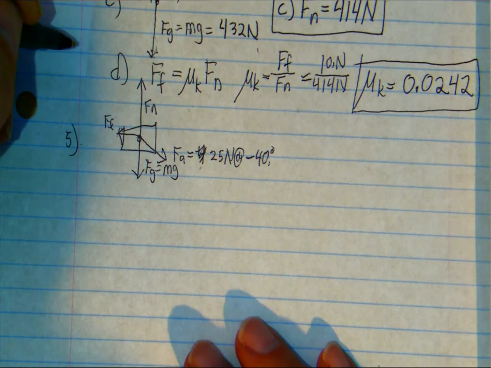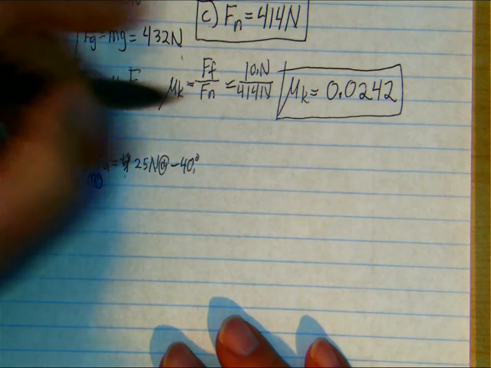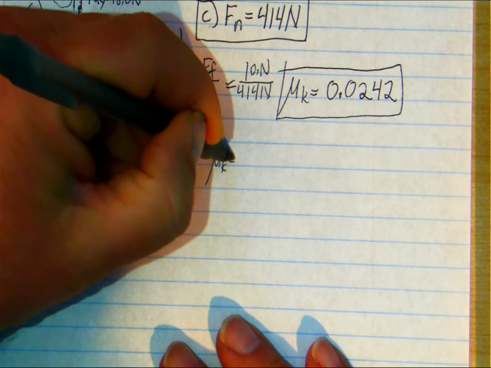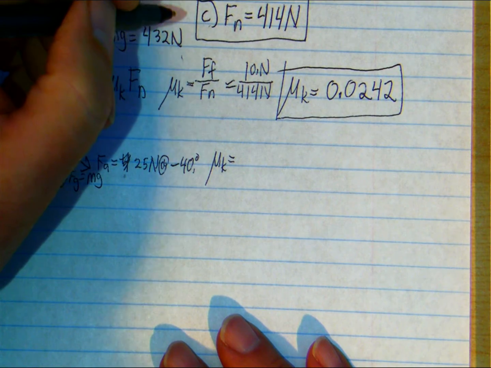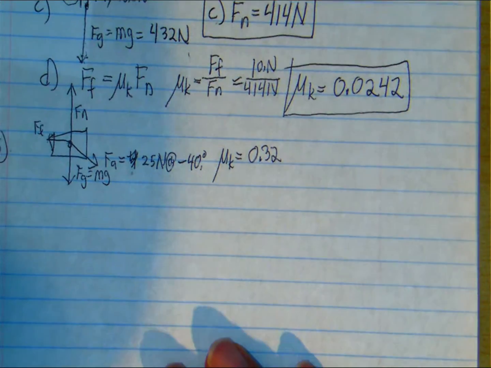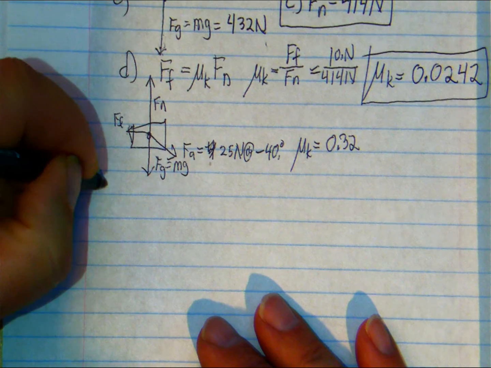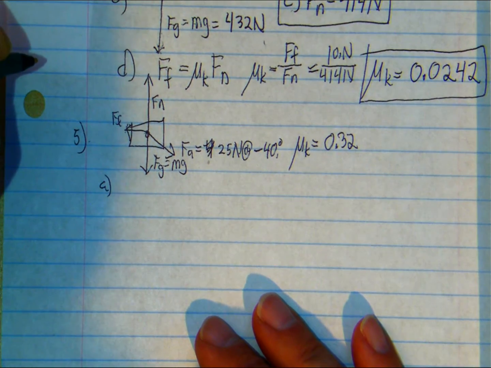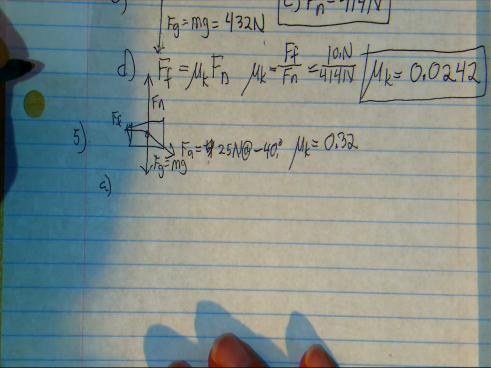Okay, well, so they are telling us that the coefficient of kinetic friction has a value of 0.32. And in part A, the question is calculate the horizontal and vertical applied forces.